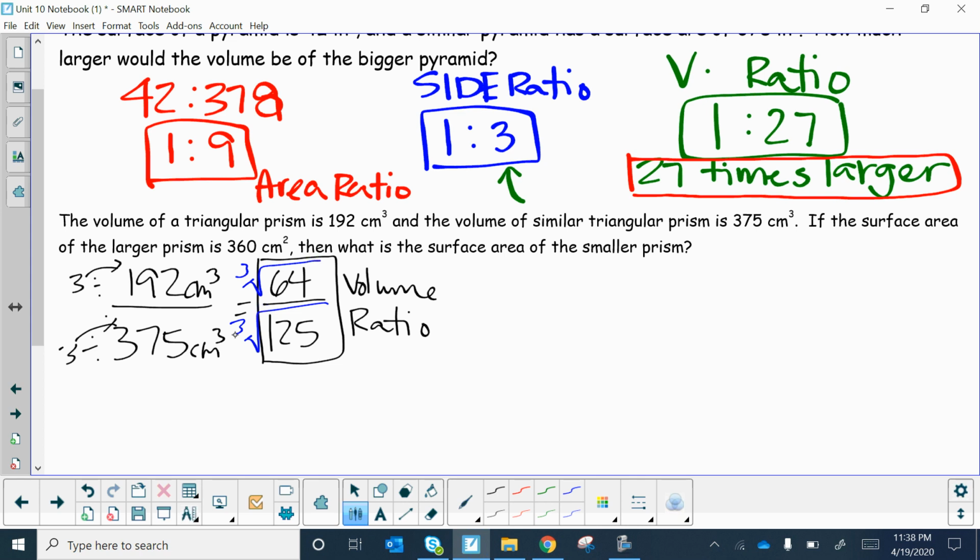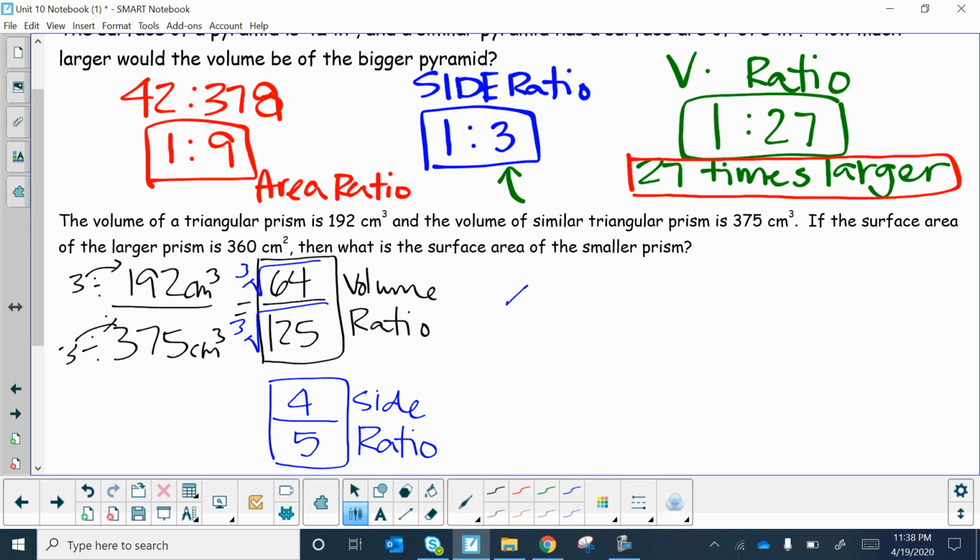If you have a regular calculator, you can do it there too. So the cube root of 64 is 4. And the cube root of 125 is 5. So this right here is our side ratio.